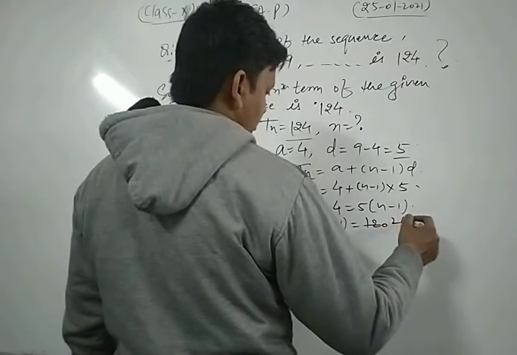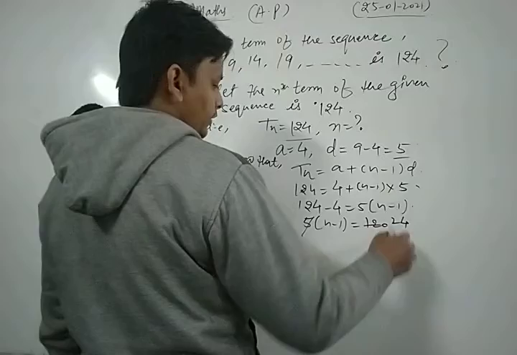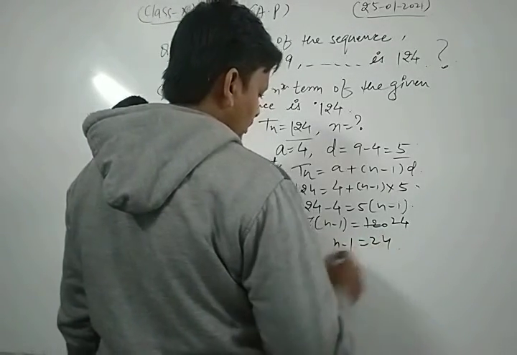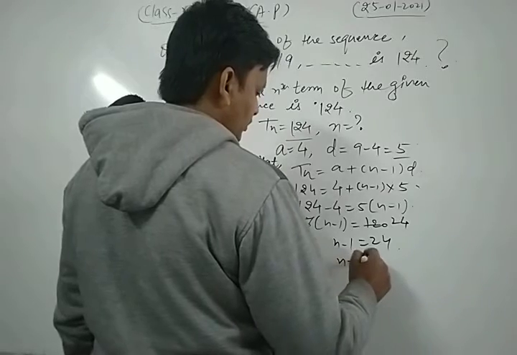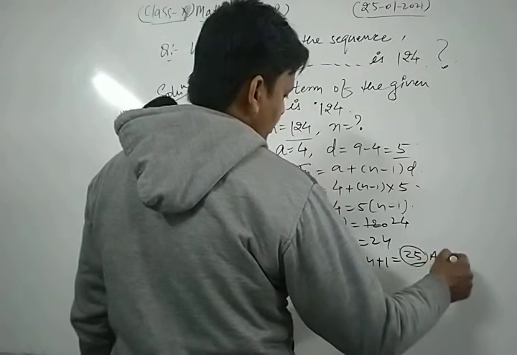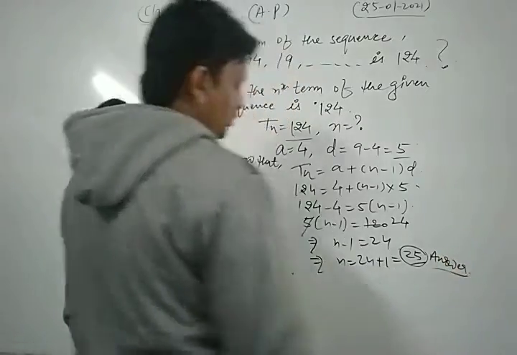Thus n minus 1 is equal to 24, so the value of n is 24 plus 1, that is 25. This is our required solution of the given question.